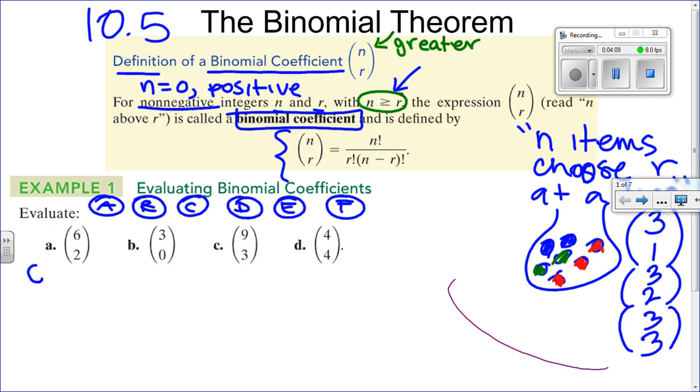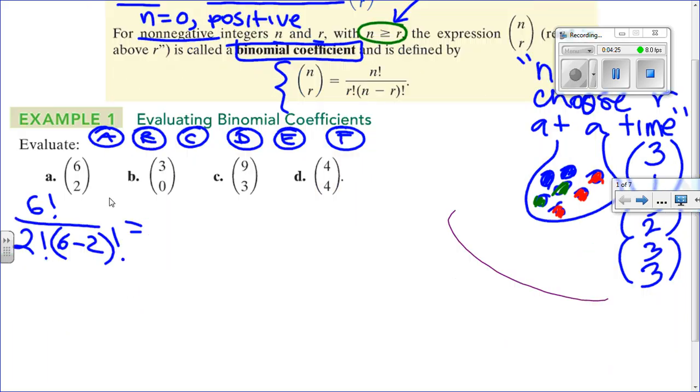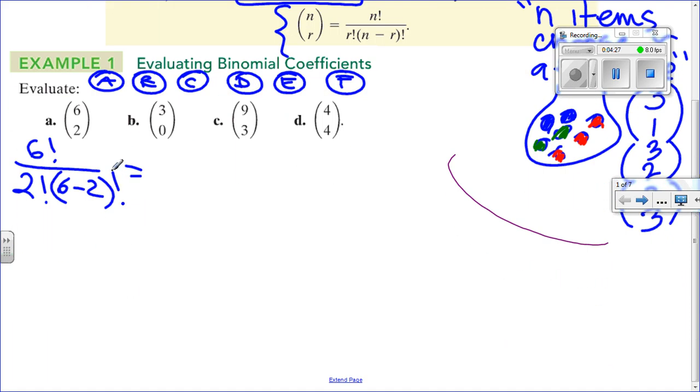It will be 6 factorial over 2 factorial for r, and then we need the difference between n and r, 6 minus 2, and then factorial. So here, this will be 6 factorial over 2 factorial times 4 factorial.